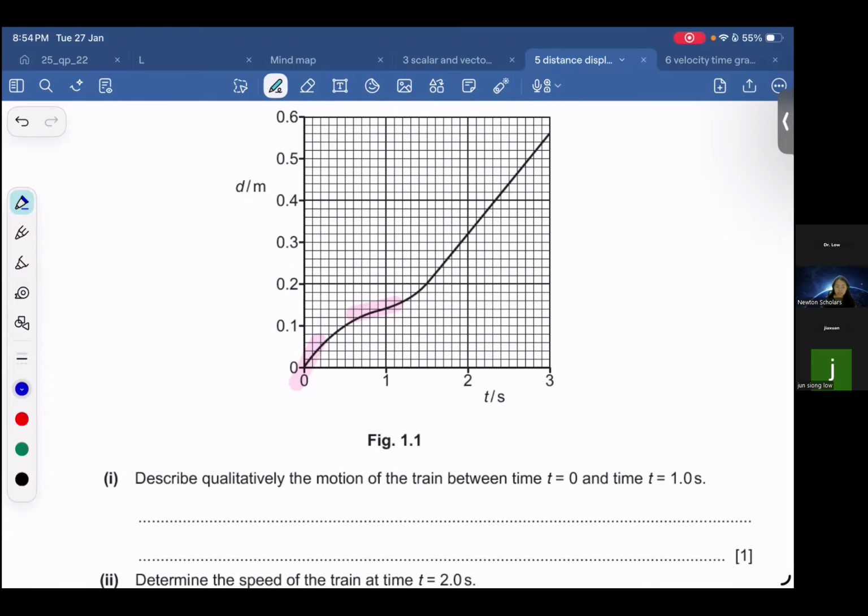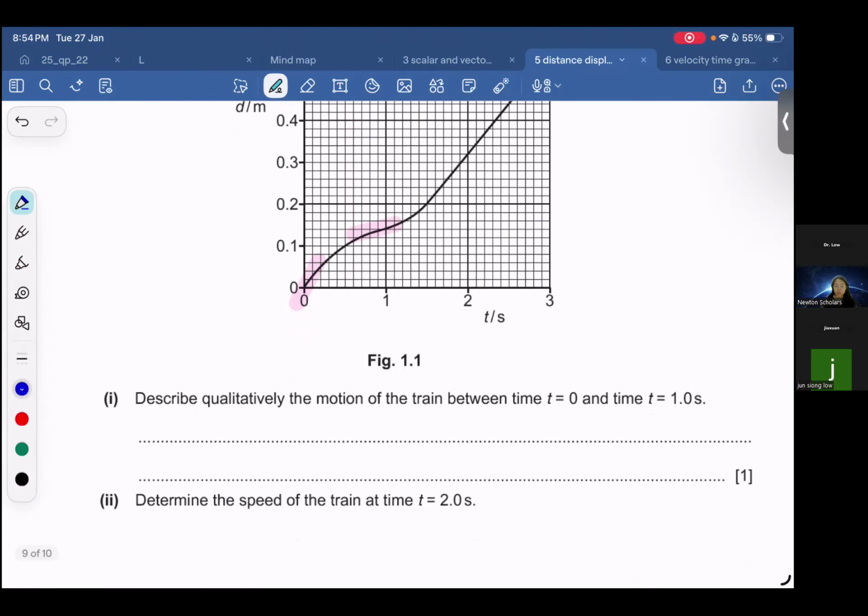So here your answer can be that the velocity is decreasing, or we can also say it decelerates, or the velocity decreases. From the graph, it shows the gradient decreases. So actually, it should be that the velocity decreases.